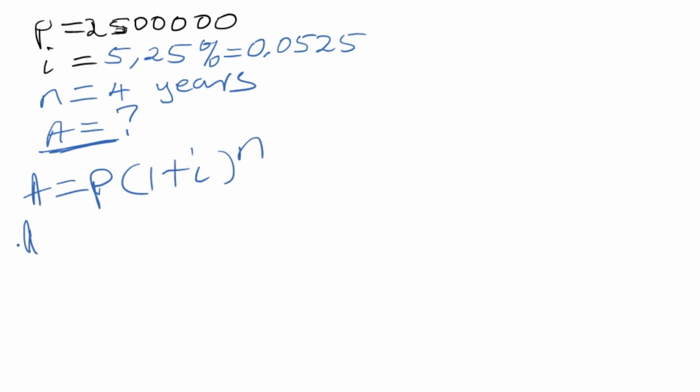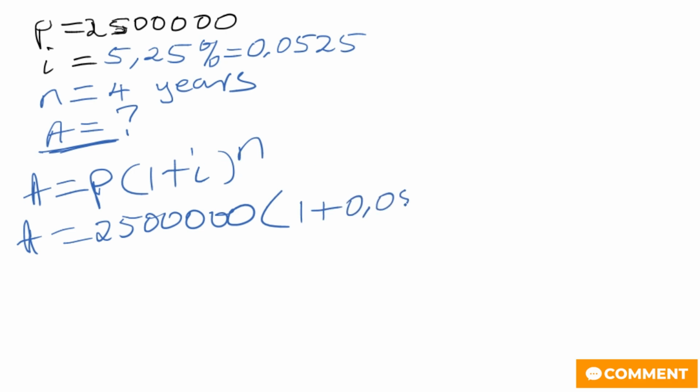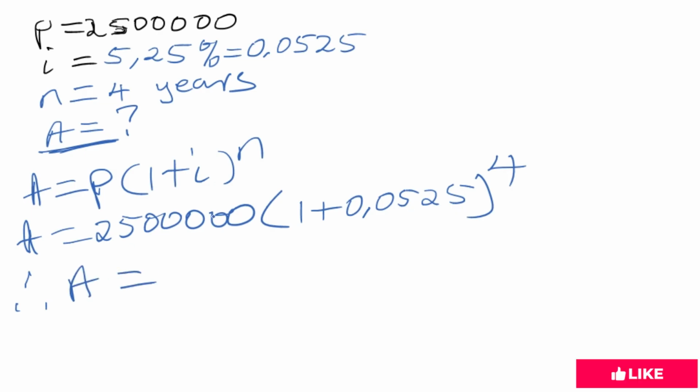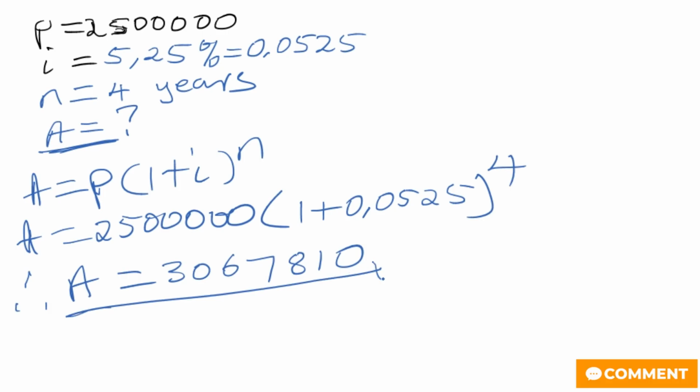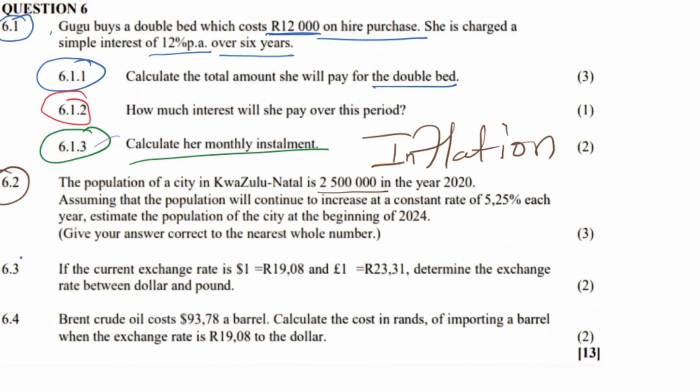So we just have to do substitution and find the value of A. We have 2.5 million, so it's 1 plus I, the value of I will be 0.0525. All this raised to the power of 4, and therefore the value of A, here you just have to press your calculator the way it is. So that will be the value of A after pressing the calculator.